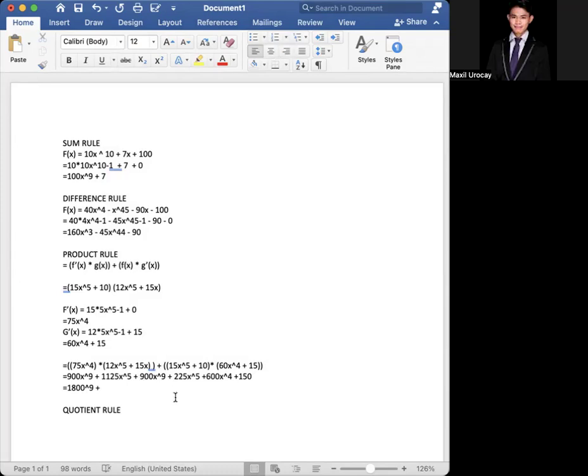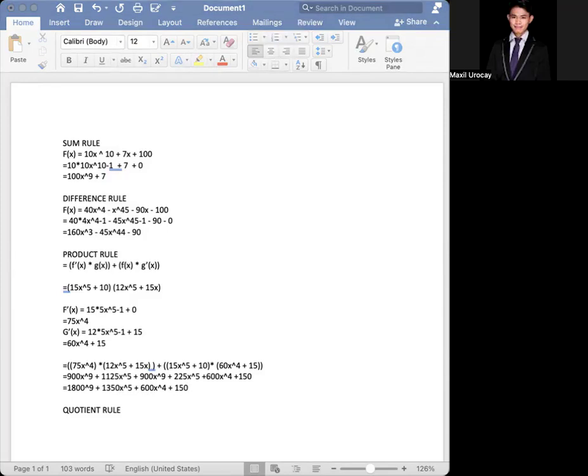And plus 1,125 plus 225 will become 1,350x to the power of 5 because you copy it as is. Then 4 has only one term, so it will become 600x to the power of 4. Then there's no other term here. So this is the answer for the product rule.